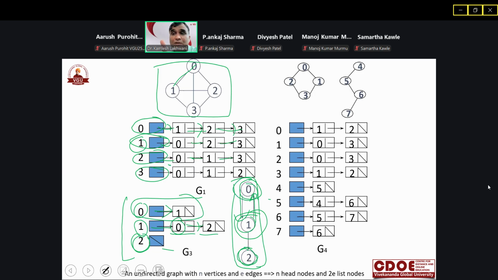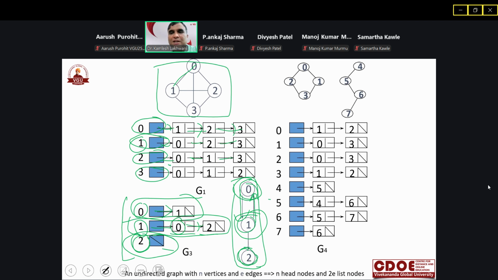So length of the linked list is depending on the out degree of that particular node. So length of node 1 is here, you can say 2, 1 to 0 and 0 to 2. There is 0 out degree of 2. There is no another connected node in that case, right?